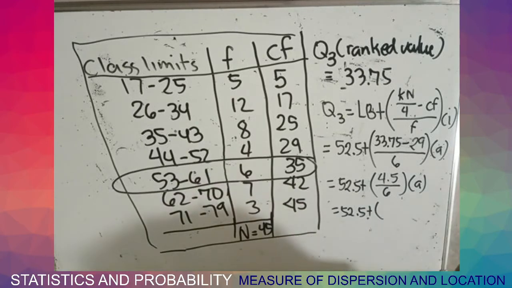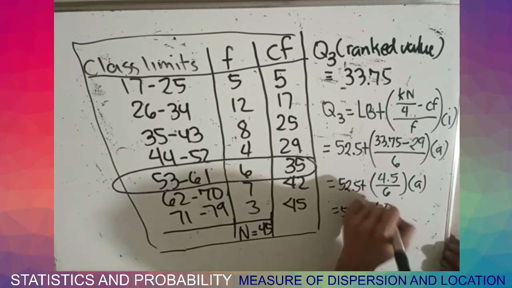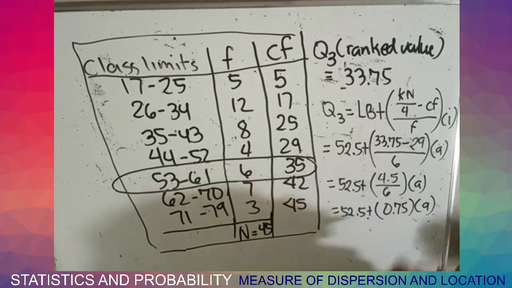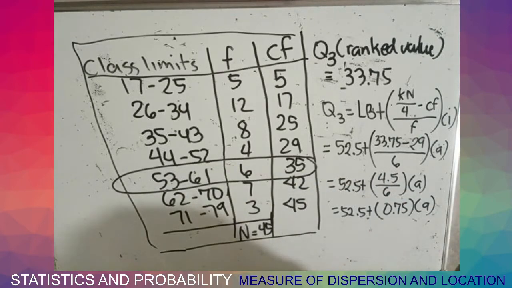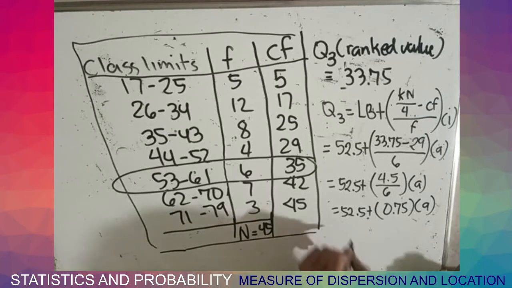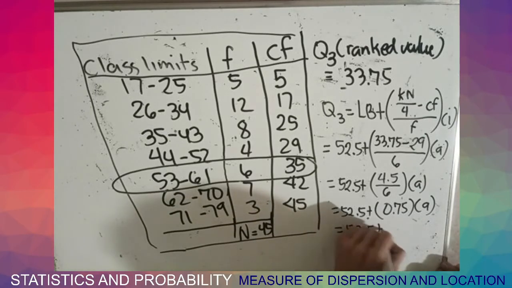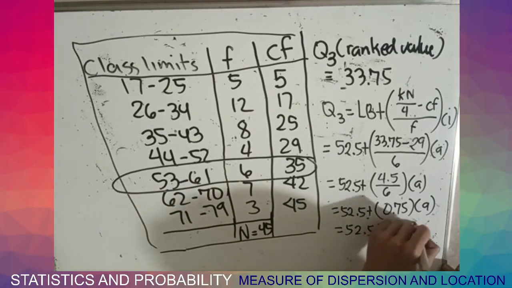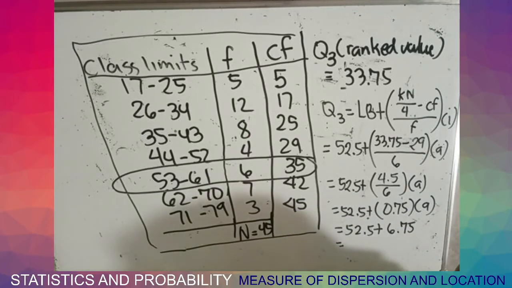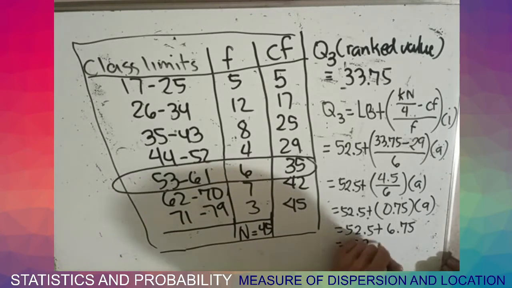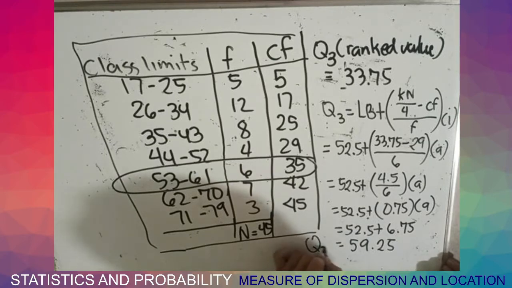Saka natin divide sa 6, so ang sagot ay 0.75 times 9. Times muna natin sa 9 bago natin siya i-plus sa 52.5. So, 6.75 plus natin sa 52.5. Ang sagot ay 59.25. So, ito na yung ating value ng ating quartile 3.